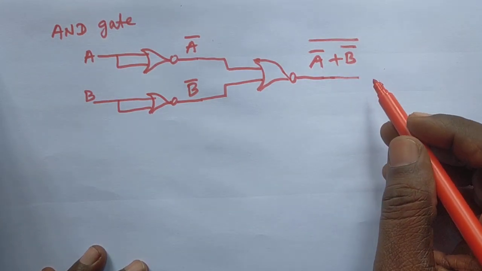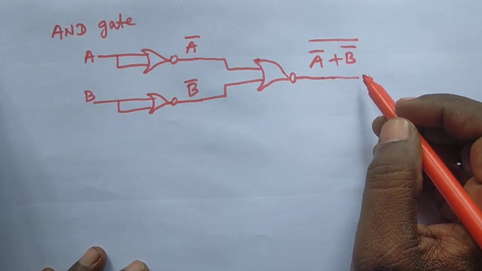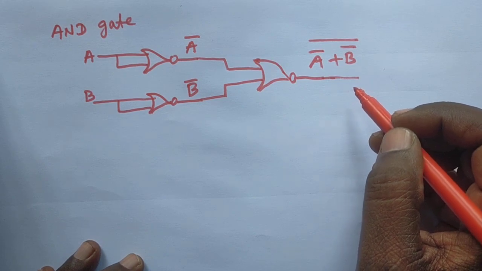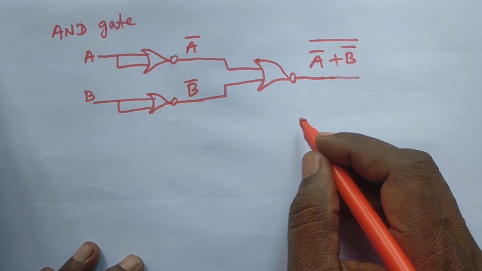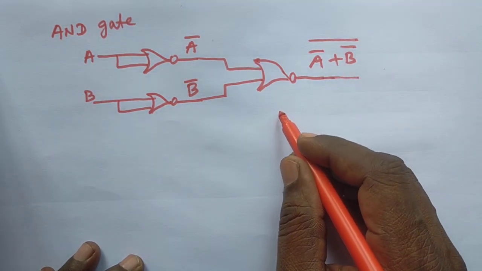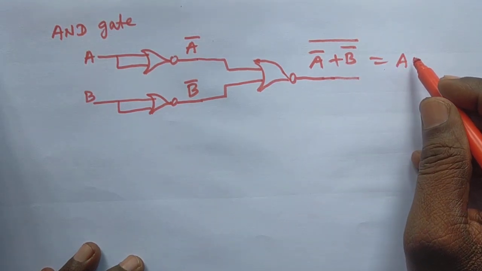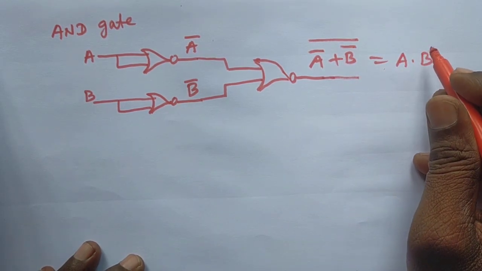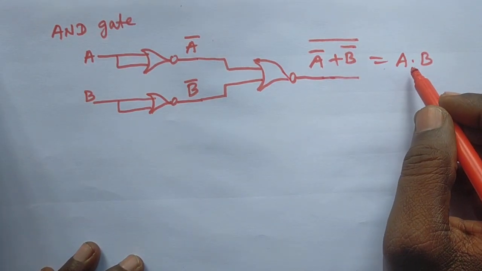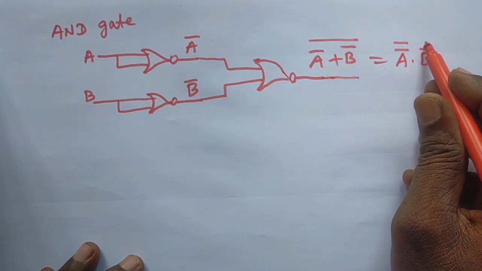In this case, very carefully, you see, if it is (A plus B) whole complement, here we apply De Morgan's rule. Since it is A plus B, the operator will be changed to A dot B. The result will be like this, A complement dot B complement.